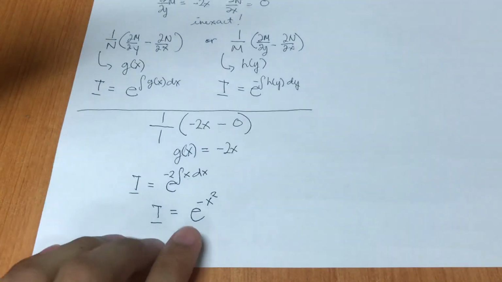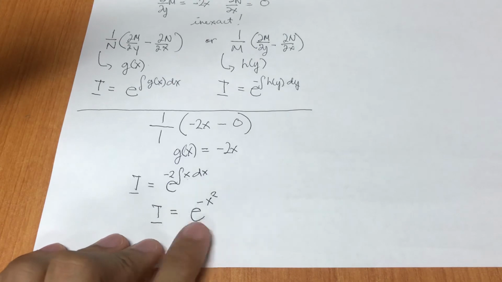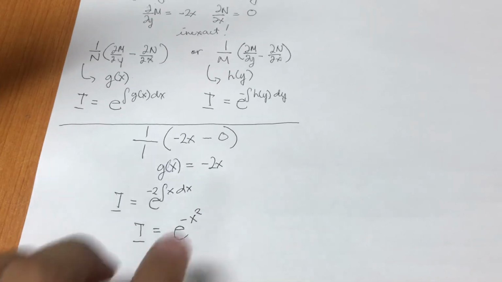Next, we'll try to see if i-substitute na to ni, or I mean, if i-multiply na to ni sa original given equation, if ma-convert ba siya into an exact ODE. Okay? So, let's try.